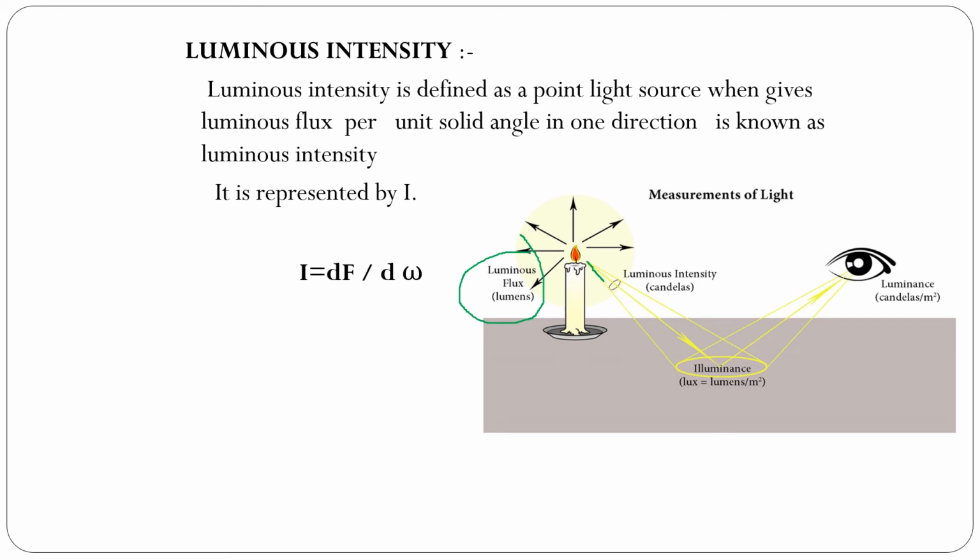So you can see over here, we consider this is a sphere, this is cross-sectional area A. As I explained earlier, this angle is omega. Okay, so dF by this. dF means a small change in the flux with respect to a small change in the solid angle.